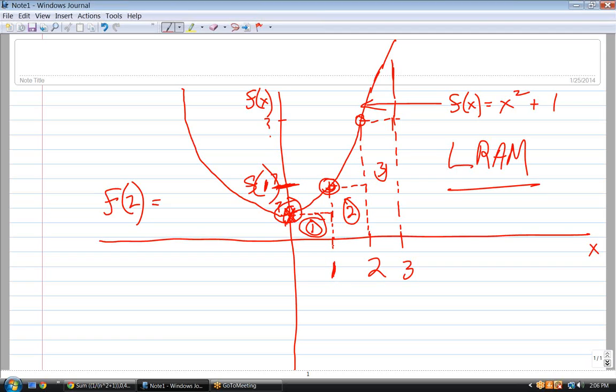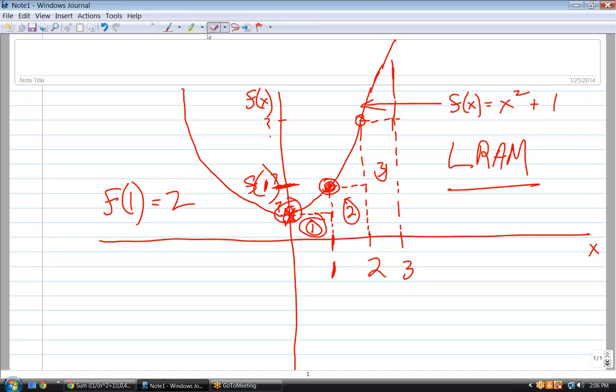So the y value at this point right here is f of 1. And f of 1 equals 2. In other words, when I plug 1 in, I get 2. So the area of this rectangle is a height of 2, a base of 1. So it's area 2 also.